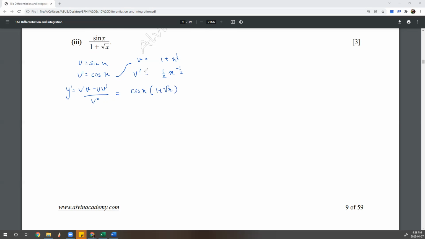Minus u, sine x, times half x power negative half, which can be written with the power on the denominator, and half is the square root, over v squared, 1 plus square root x squared. I think that's all. No need to make it further.